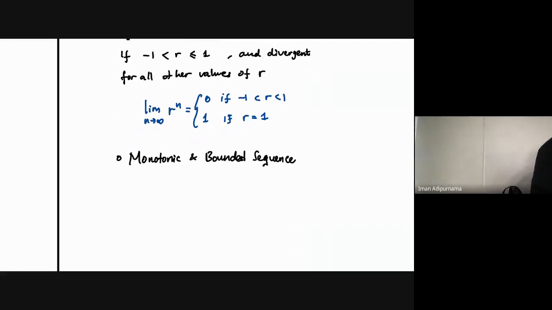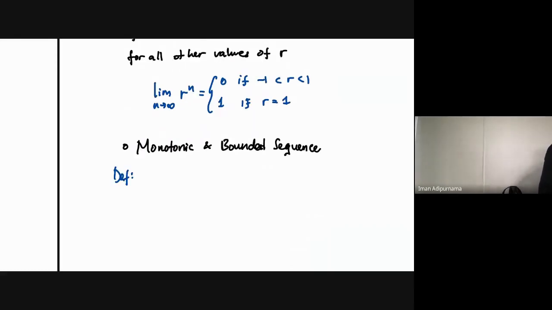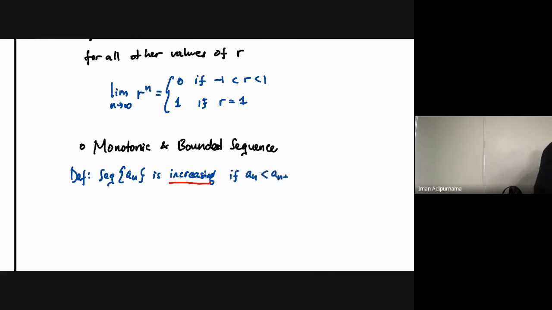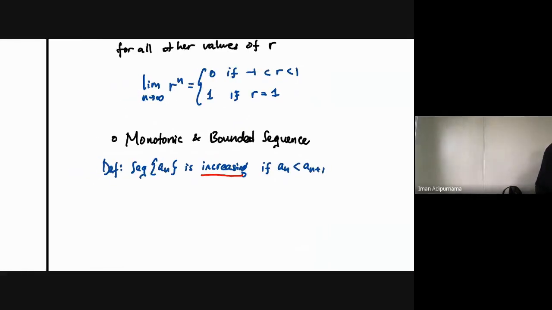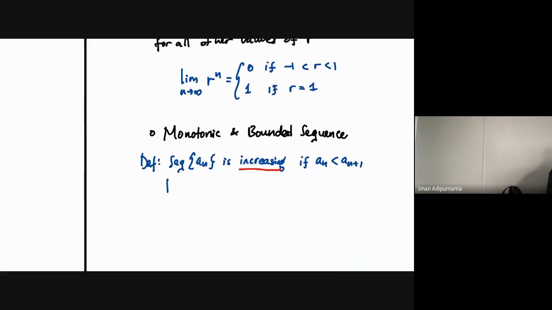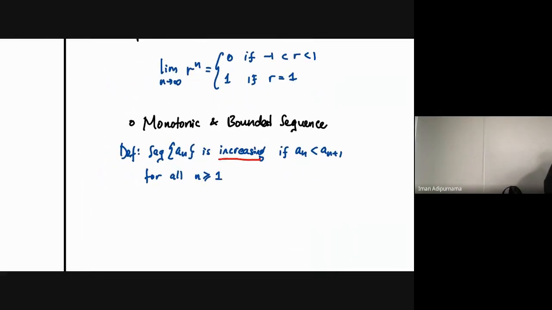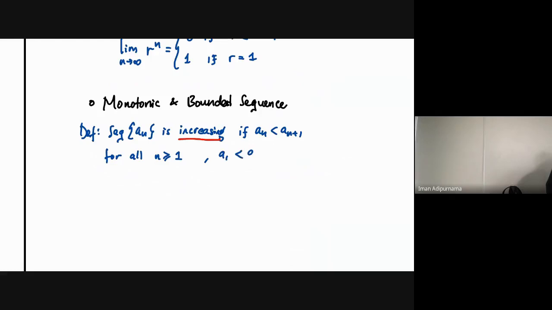Let me write the definitions. A sequence a_n is increasing if a_n is less than a_(n+1) for all n greater or equal to 1, so that a_1 is less than a_2, less than a_3, etc.